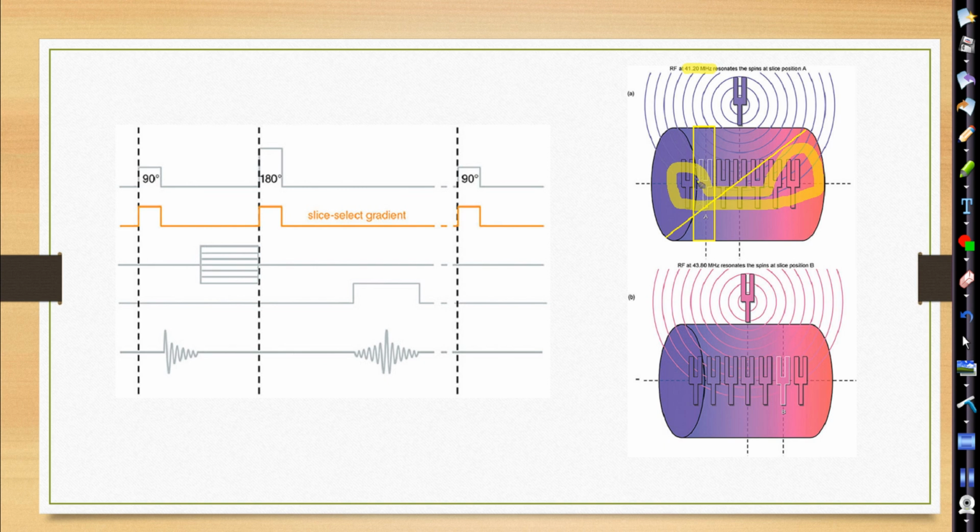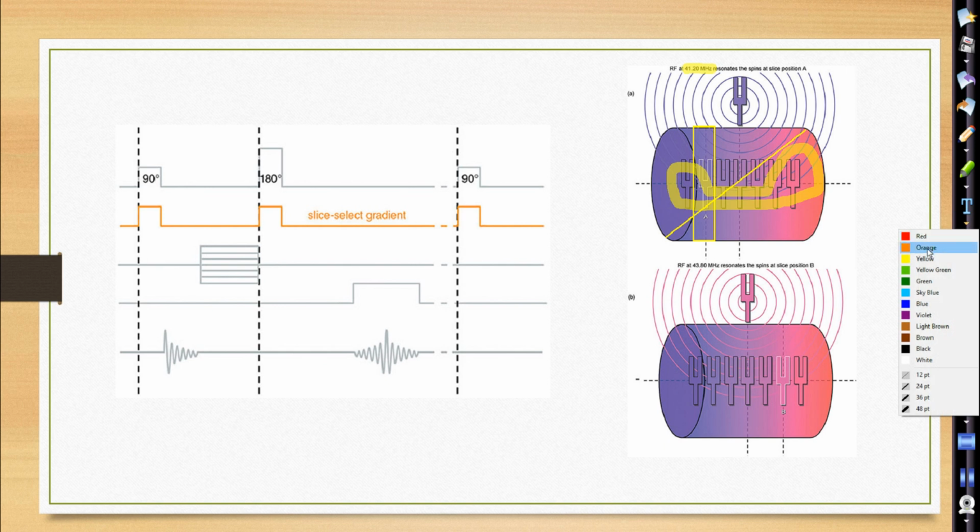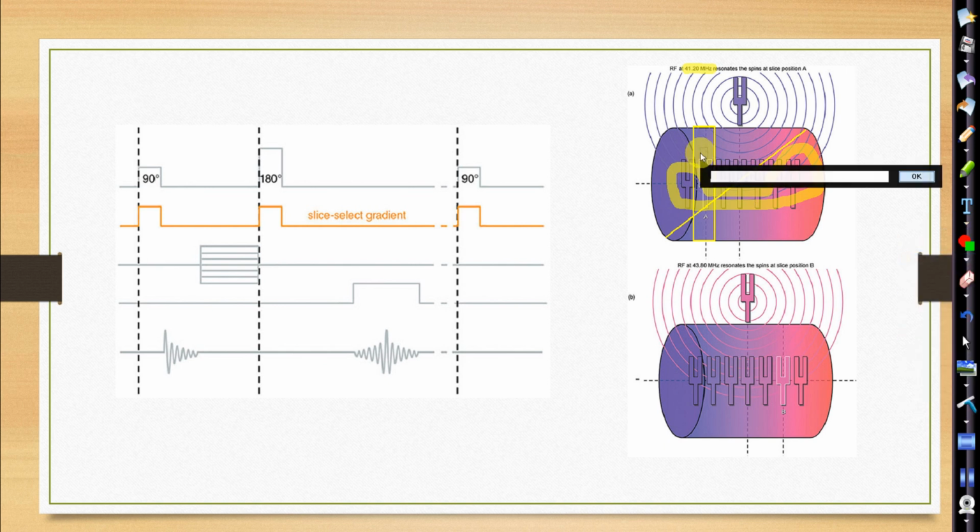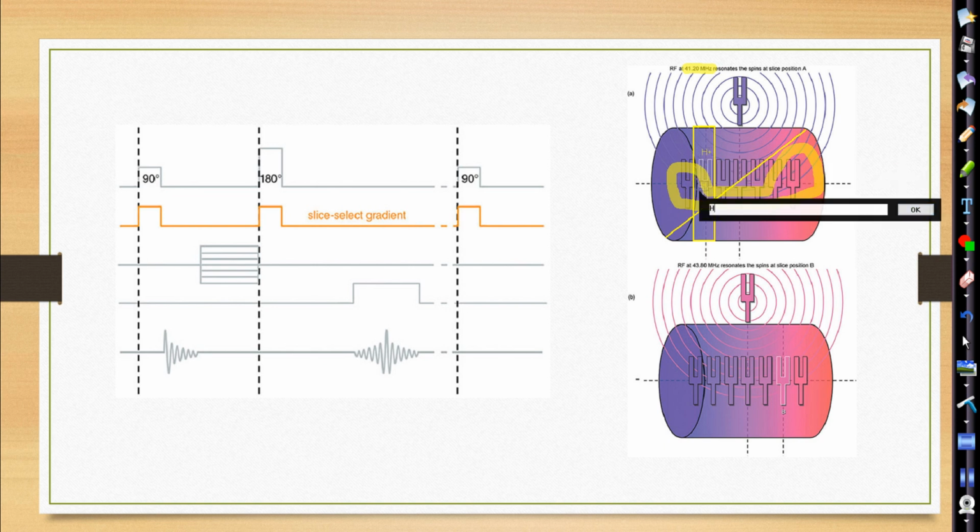We have an axial slice in the ankle, closer to, say, the Achilles tendon, that we're exciting, because we're only concerned with the tiny hydrogen protons within that slice. You have hydrogen protons all throughout this scanner, but we want to excite only the ones within that slice.